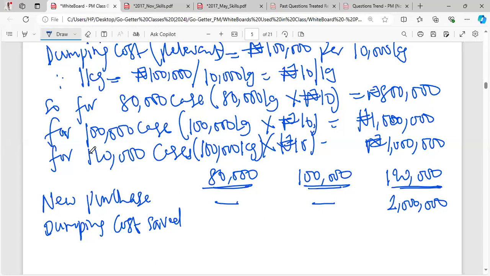But because we are looking at it as cost, it is going to be a negative cost because we are not spending it, we are saving it. Those ones we are spending, we use positive figures on them, like this 2 million naira is a purchase cost. We are going to spend it. The ones we are not going to spend, but we are going to save, we use a negative.